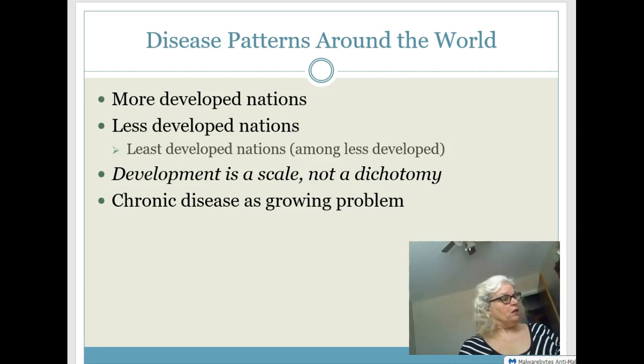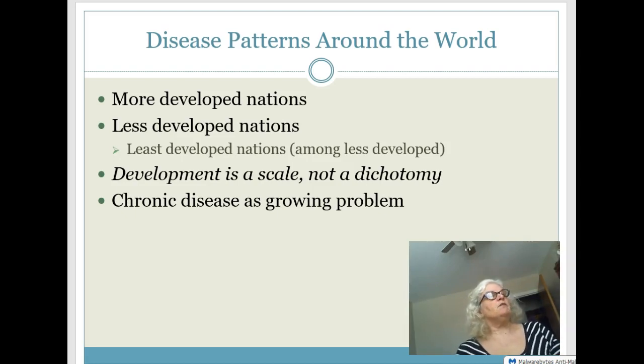So more developed nations tend to have higher incomes, they have work, they have more education. Less developed countries or the least developed nations refer to those that have suffered from diverse economic problems and the lowest gross national incomes, lowest life expectancies.